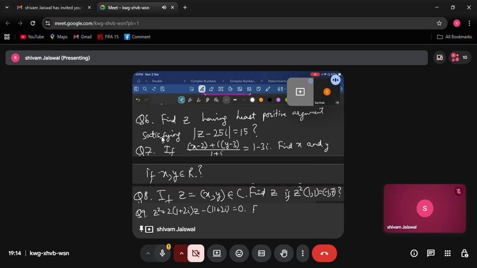Find z. Question number 10. If f of x is equal to x to the power 4 minus 4x cube plus 4x square plus 8x plus 44, find f of 3 plus 2 iota. Solve.